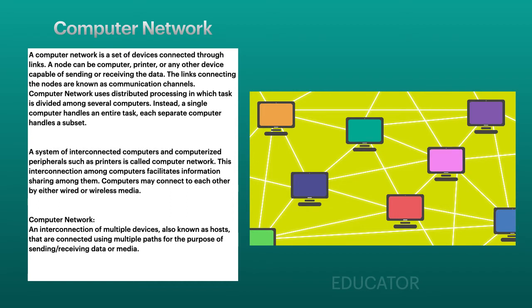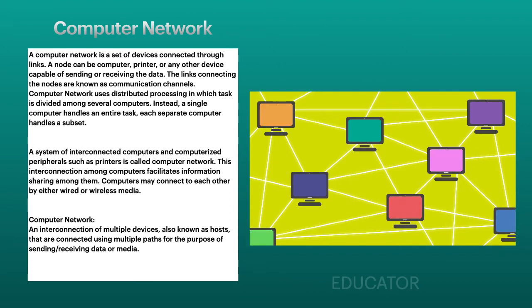But here, in simple language, a computer network is when we have multiple devices connected through links, and each device is called a node. They send and receive data. For example, if you give a command to your printer, you receive some output from the printer, or from the fax machine you can get some output. That's a very simple computer network system.